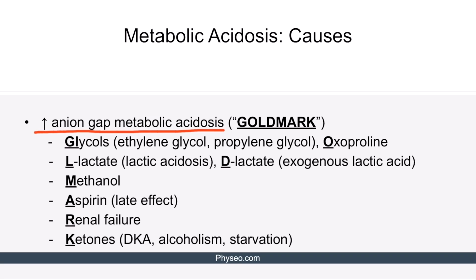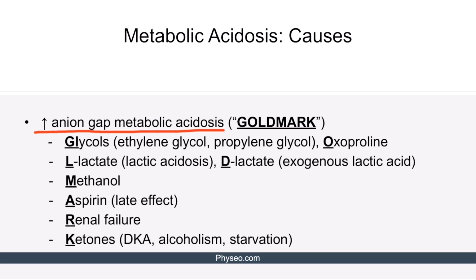Methanol is metabolized to formic acid that also induces acidosis. Aspirin is acetylsalicylic acid, and its metabolite, namely salicylate, can cause anion gap metabolic acidosis in the late phase of aspirin toxicity. Please note the early phase aspirin overdose causes respiratory alkalosis due to direct stimulation of medullary respiratory center.